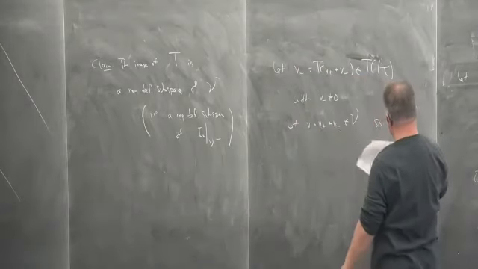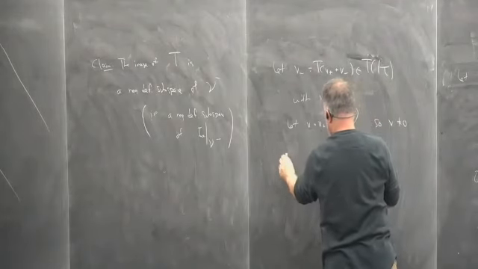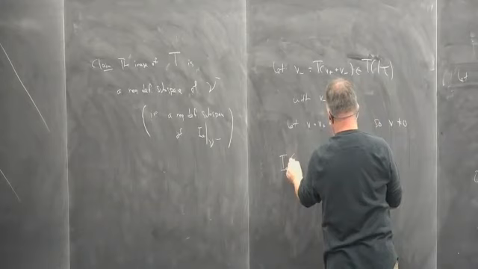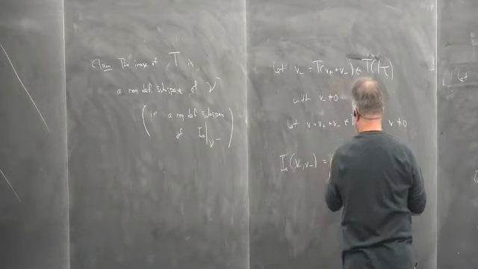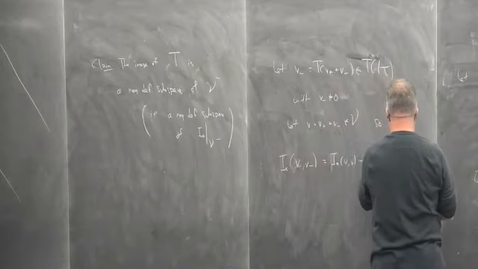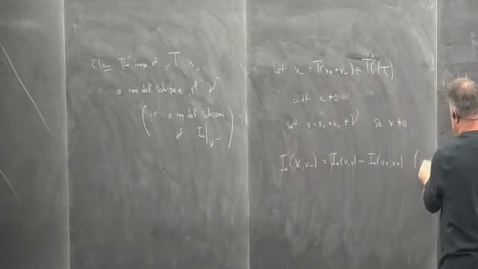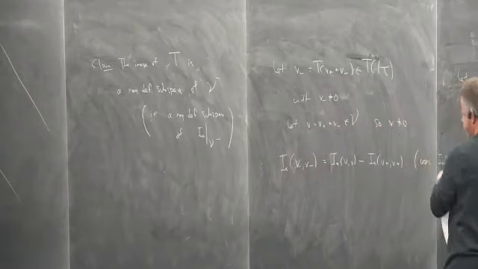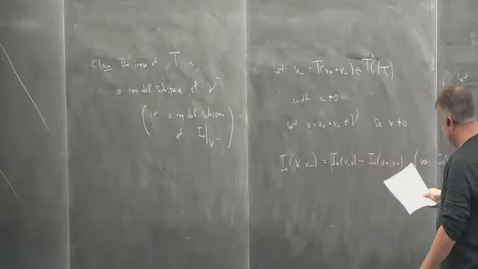So if this component is not 0, then IA of V minus is equal to IA of VV minus IA of V plus. This uses the fact that IA of V plus and V minus is 0. Okay, so you just expand this. You put V as V plus V minus, expand both sides, and then bring it over.